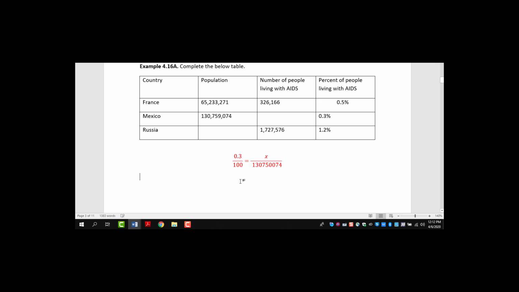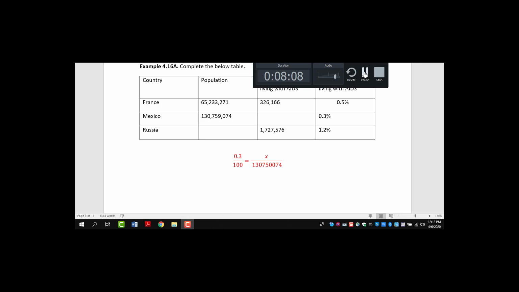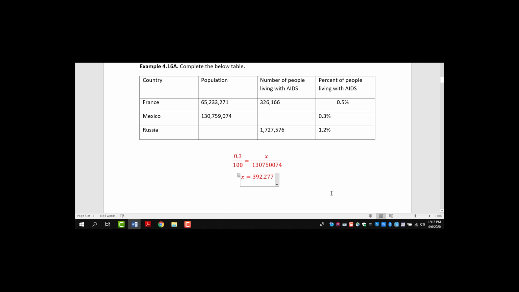Hopefully by now I'm not going to put down all the cross multiply and divide, but I will put down the answer. And we get 392,277. And that's people living with AIDS.